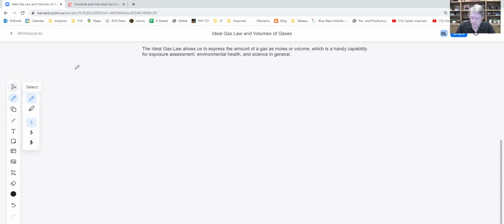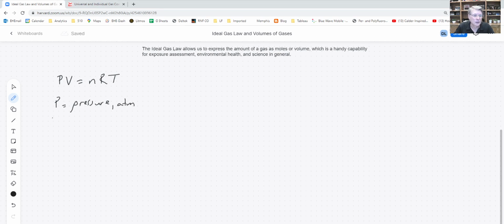So as you probably remember from other coursework or work experience, the ideal gas law can be written like this: PV equals nRT, where P is pressure. I recommend using units of atmosphere.